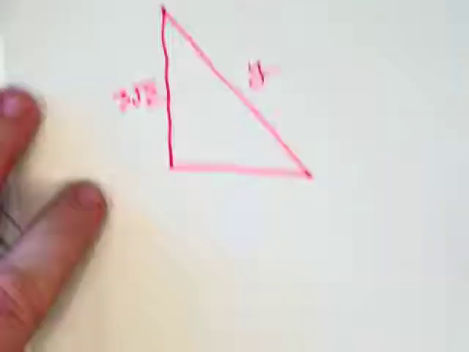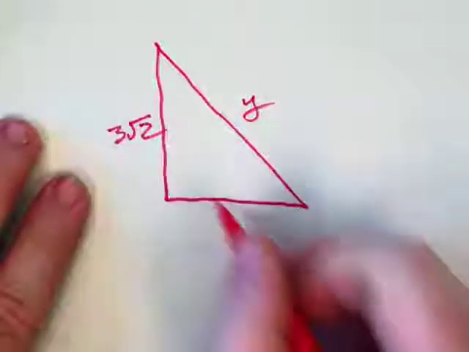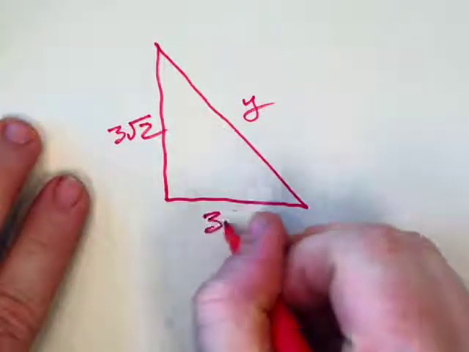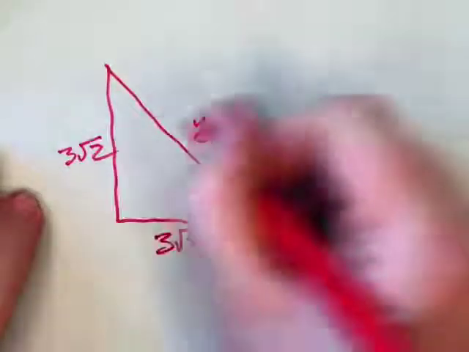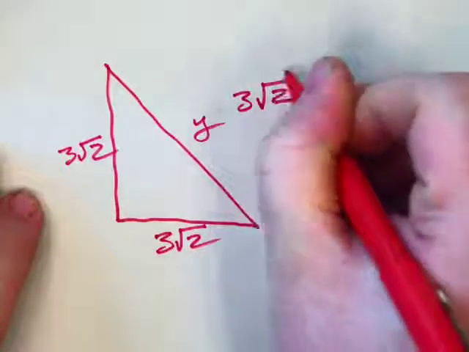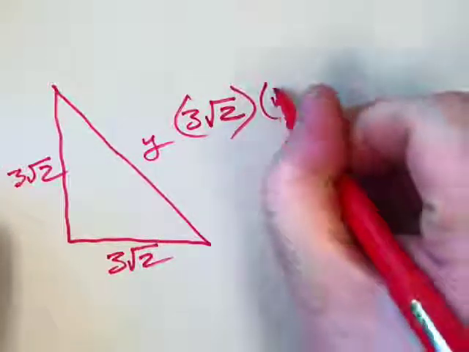Well, remember, on a 45, 45, 90 triangle, the two sides are exactly the same. And y is whatever the side is, 3 times the square root of 2 times the square root of 2.